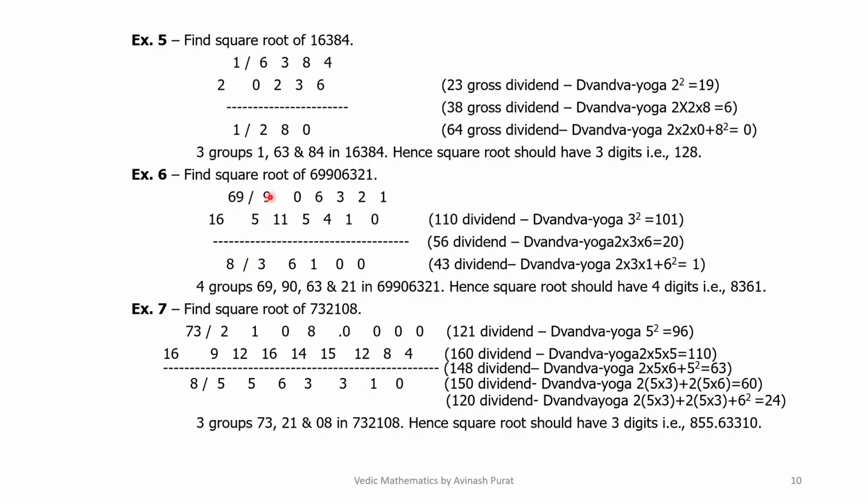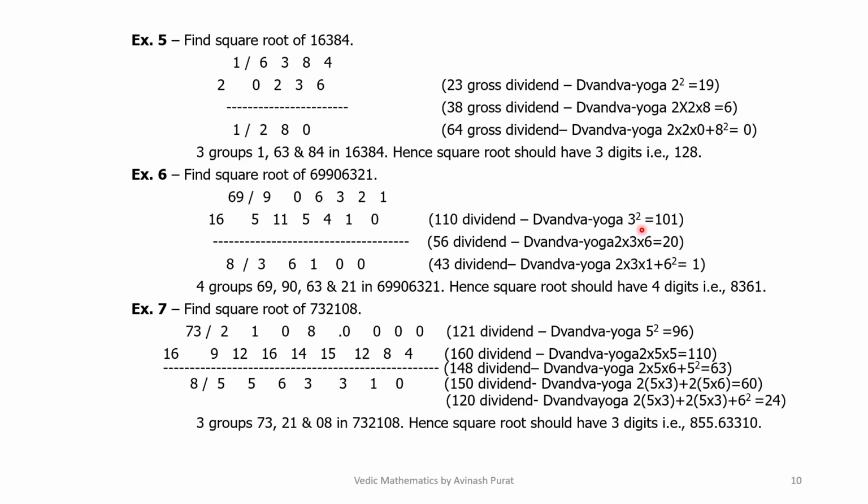So 59 is the first dividend. There is no deduction. 59 divided by 16 is 3. 16 threes are 48 and 11 is the remainder. Now the next dividend is 110 minus the Dvandva yoga of 3 square, 9.